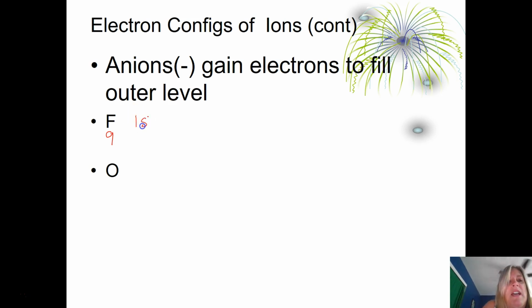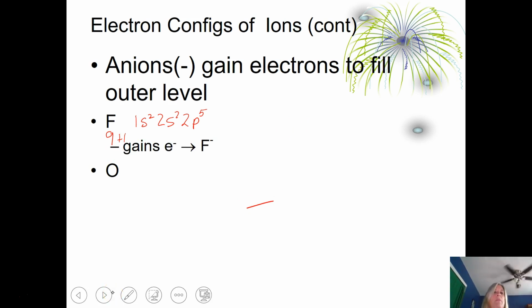So we go 1s2, 2s2, 2p. How many is that? How about 5? 5, 6, 7, 8, 9. Check. Well, it doesn't have that full p, right? We're looking for that p6. So what does it need? It needs 1 electron to get there. So fluorine is going to add 1 electron.